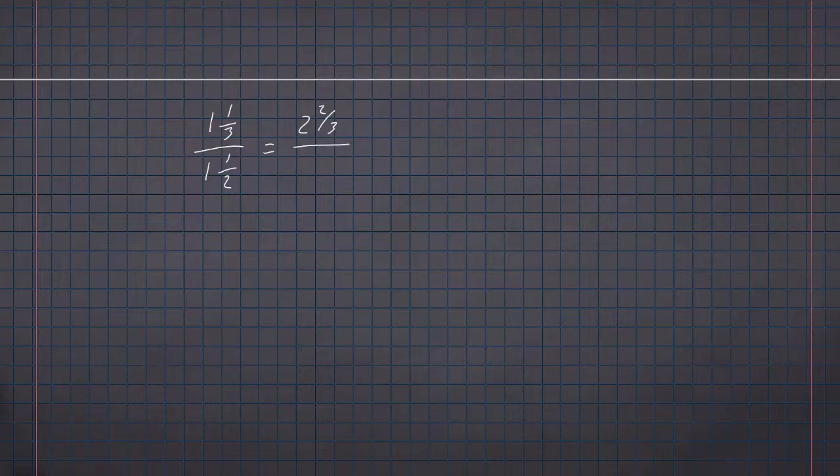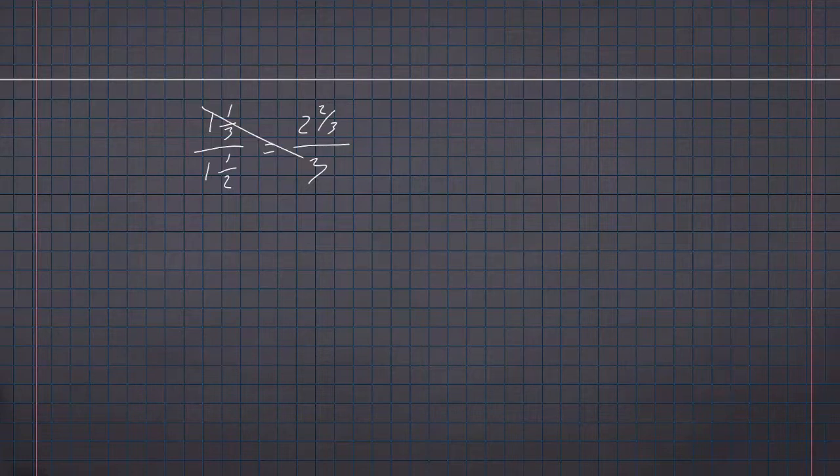Compare that to a different set of fractions. One and a third over 1.5 equals 2 2/3 over 3.